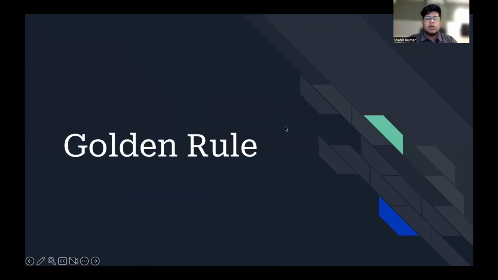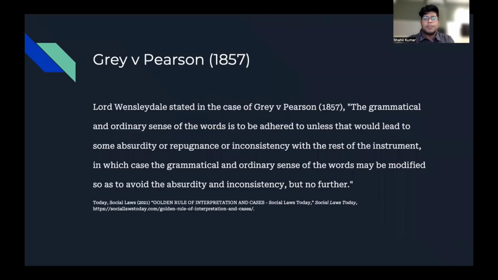The golden rule, one of the three most basic principles, is a rule used in statutory interpretation to help courts in establishing the meaning of legislation. When another of the three basic rules, the literal rule, yields an absurd or unclear result, the golden rule is implemented. Lord Wensleydale stated in the case of Grey v.